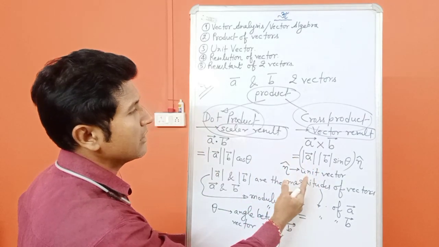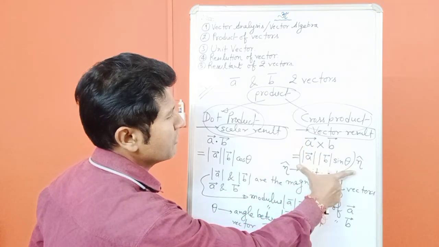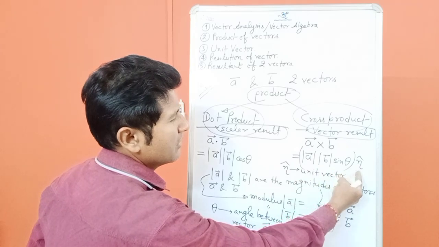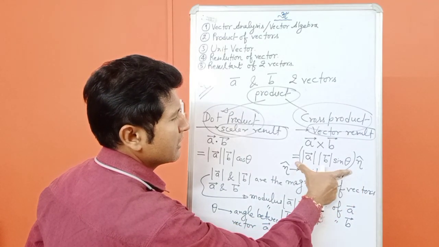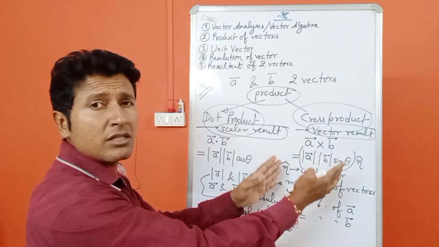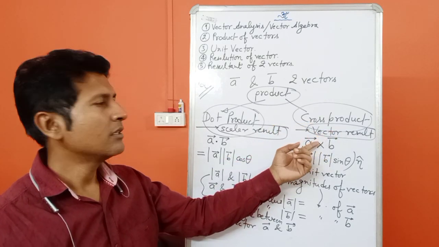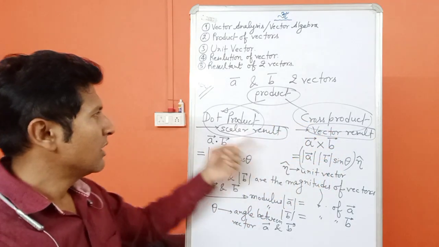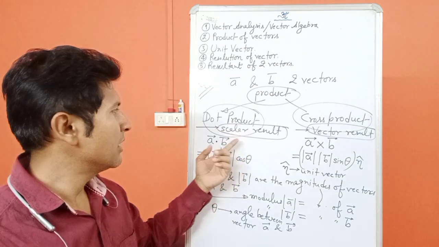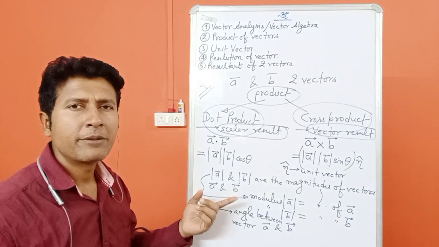But on the other hand, in cross product, you will be getting a vector. So that's why there is a unit vector multiplied, and this one is the scalar one, making it a complete vector quantity. So cross product results in a vector quantity, and dot product results in a scalar quantity. Is the point clear? Right?